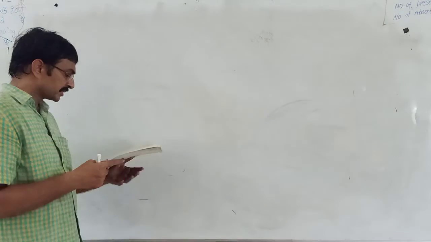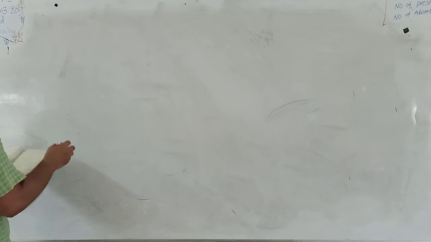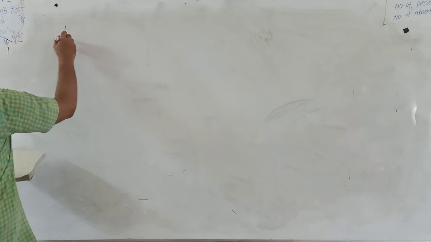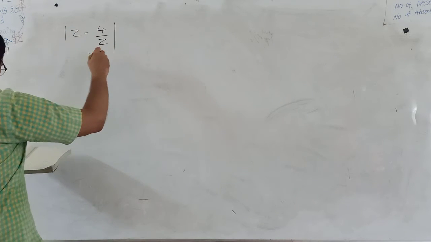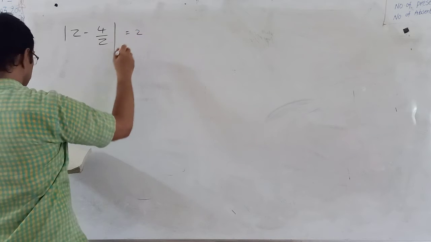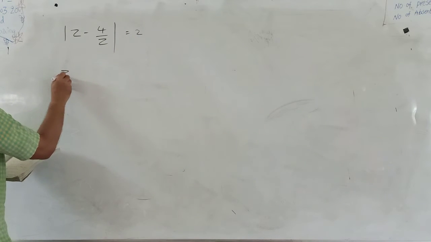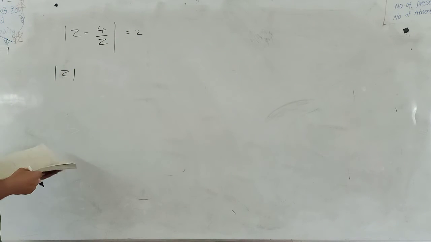Now problems related to the above concept. First one, if modulus of z minus 4 by z equals 2, then find the maximum value of |z|.